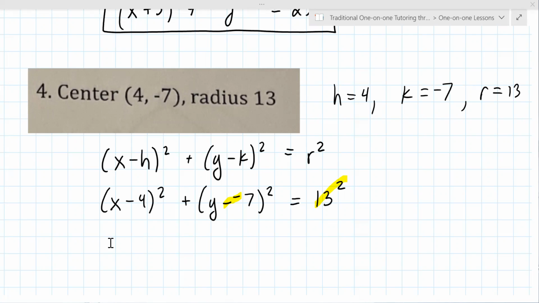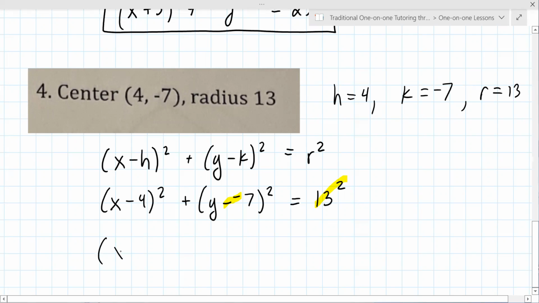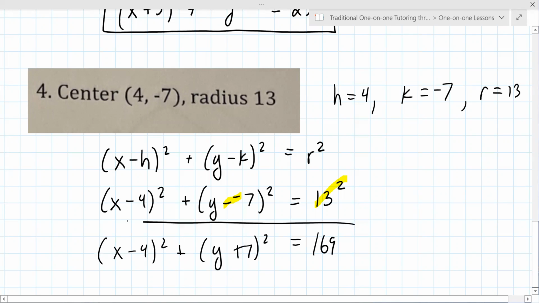What is your answer here? (x - 4)² + (y + 7)² = 169. You got it. Well done.